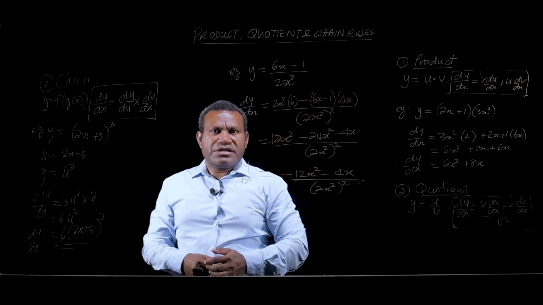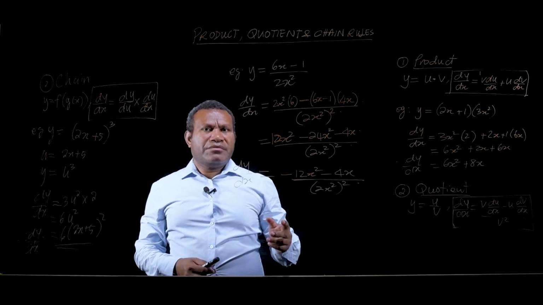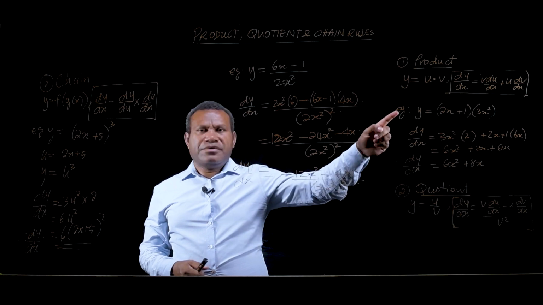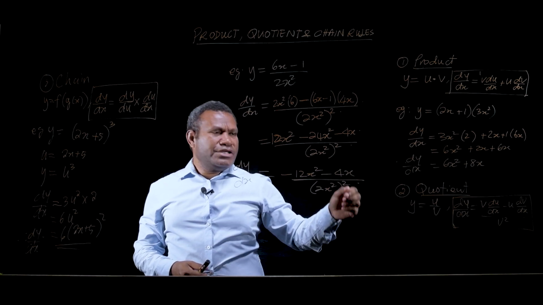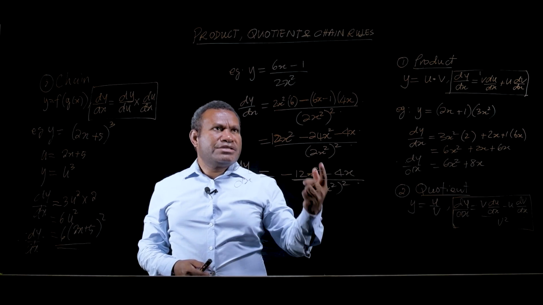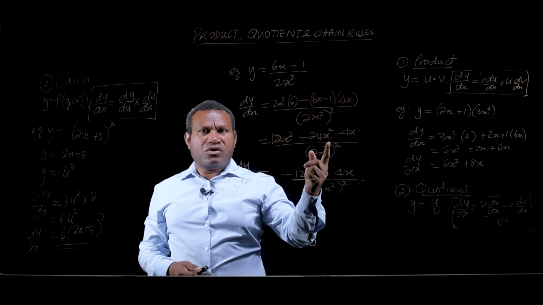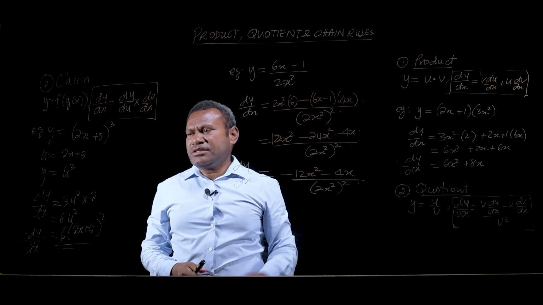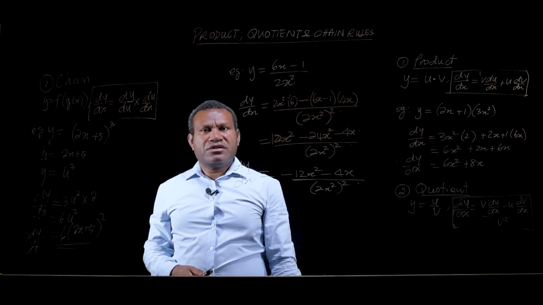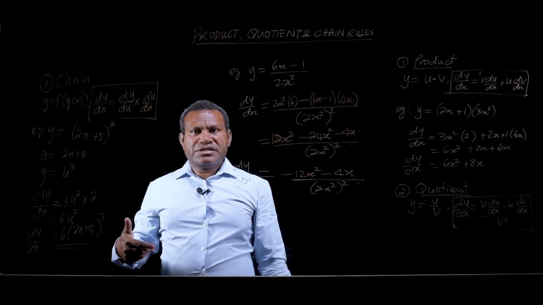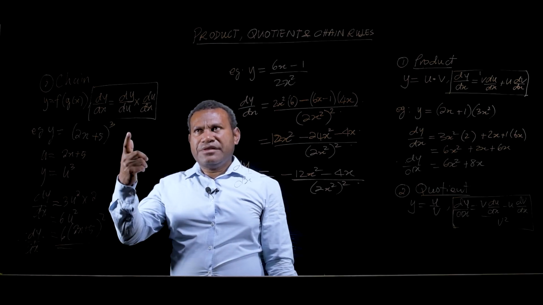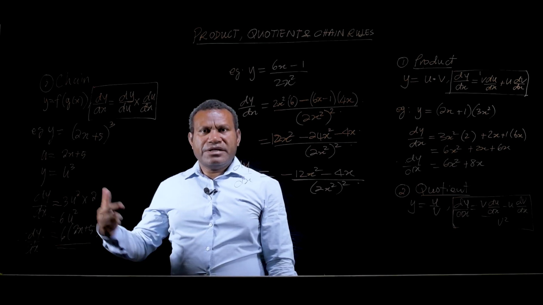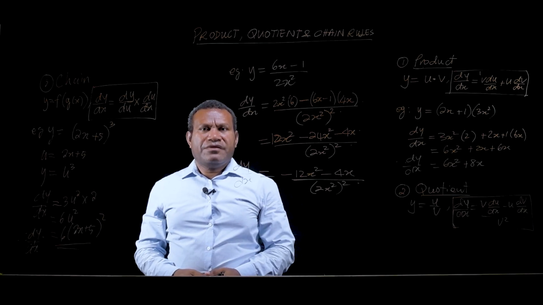If you see a function that contains a product of 2 functions, then we apply product rule. If you see a function that contains a division, then we apply quotient rule to differentiate that function. And if you see a function that contains another function, then we apply the chain rule to find the derivatives of the functions.